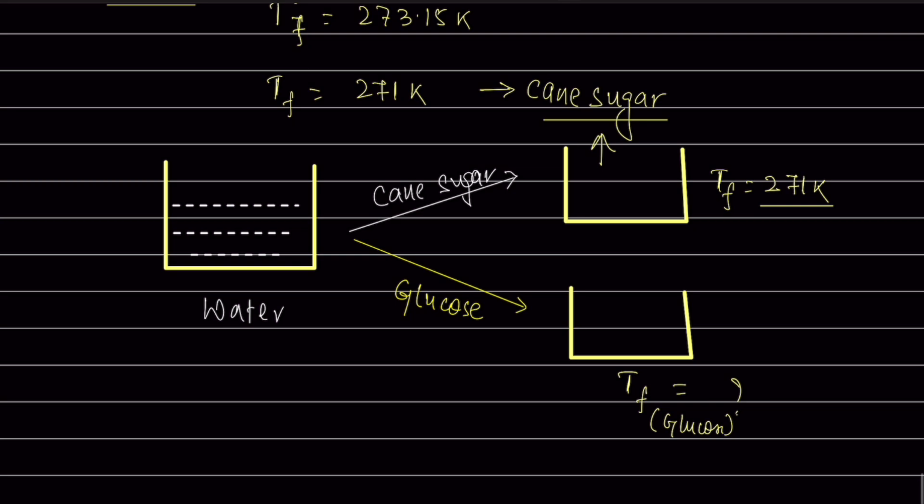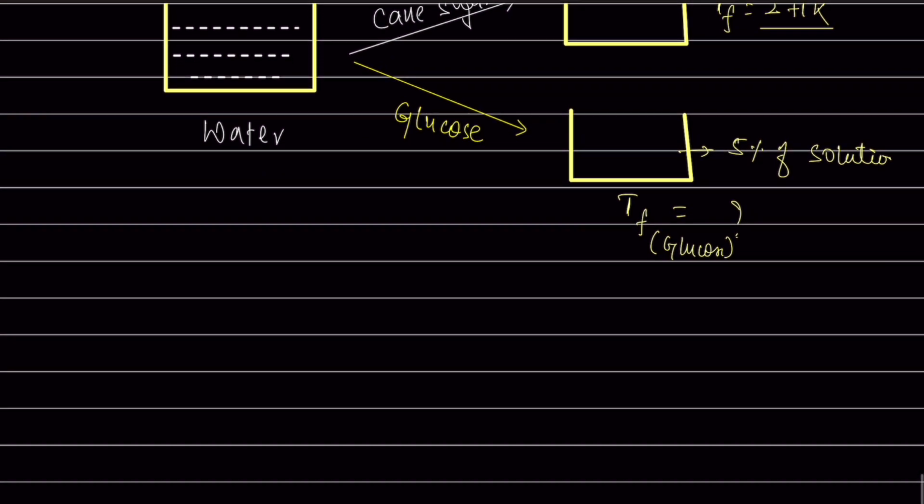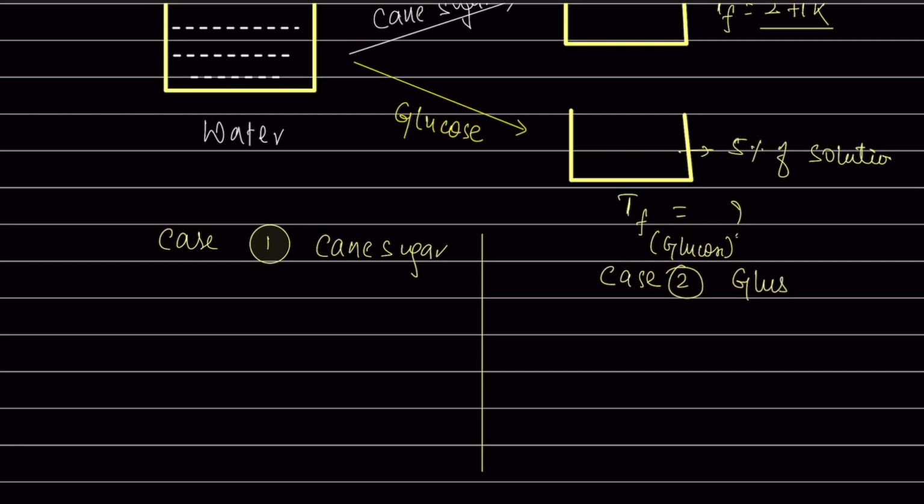As you see here, the cane sugar is 5% of the total solution. Similarly, the glucose is also 5% of the total solution. So we can split this question into two cases. In case 1 we are dissolving cane sugar, and in the second case we are taking glucose.